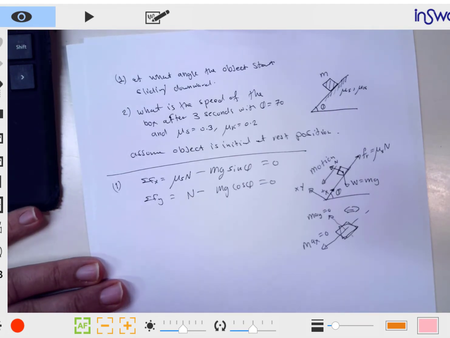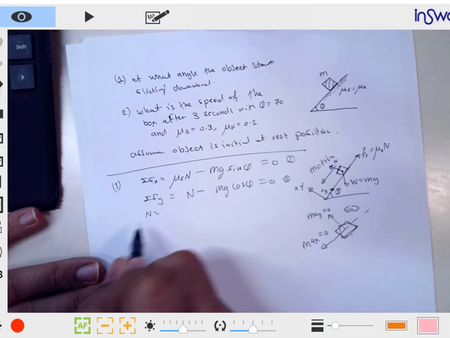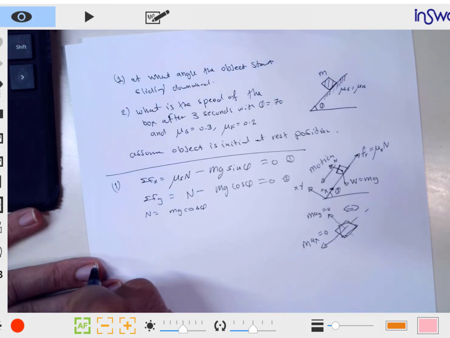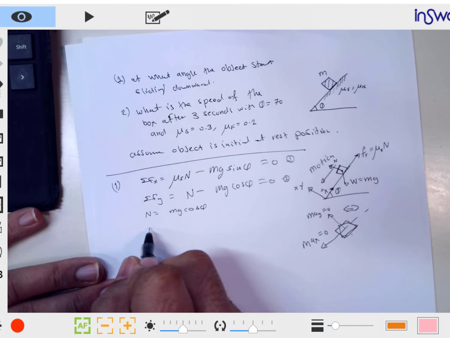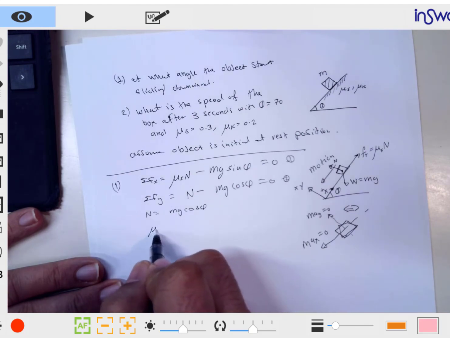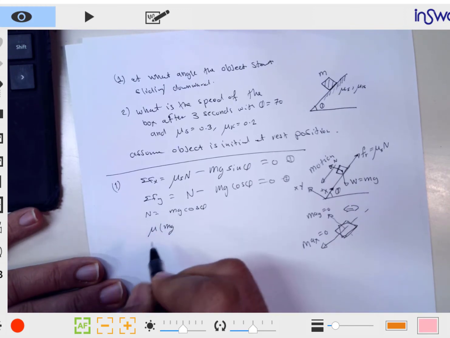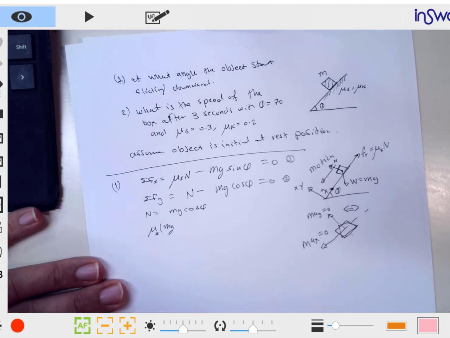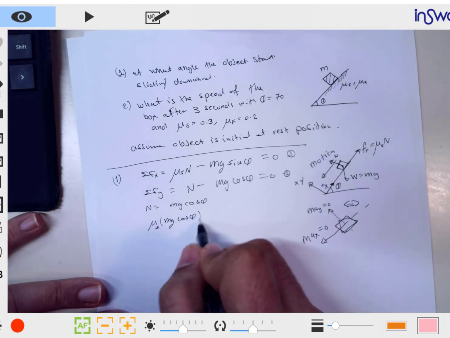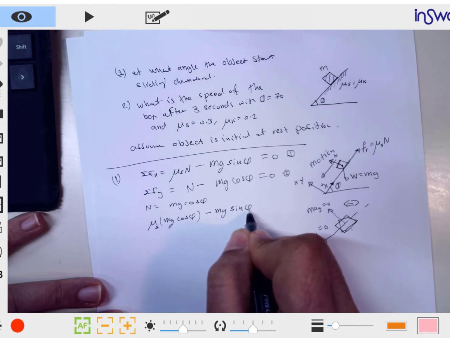So what do we get from the second one? From the second one we get N equal to mg cosine theta, and from this first one, I'm going to substitute: mu s mg cosine theta minus mg sine theta.